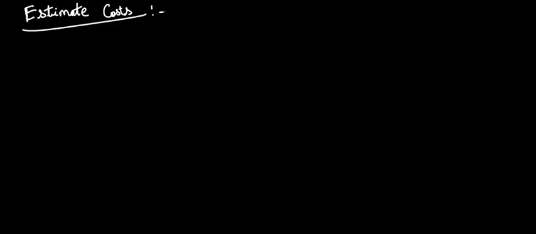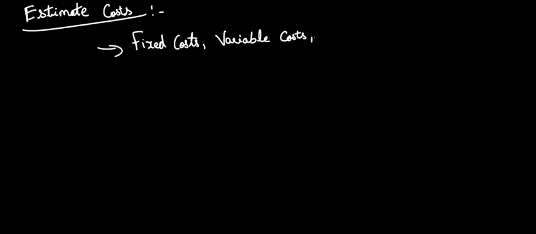For making any product, there is a lot of costs: fixed costs, variable costs, etc., which will add up to give the total cost which is incurred for the product. Demand sets the ceiling on the price the company can charge for this product.